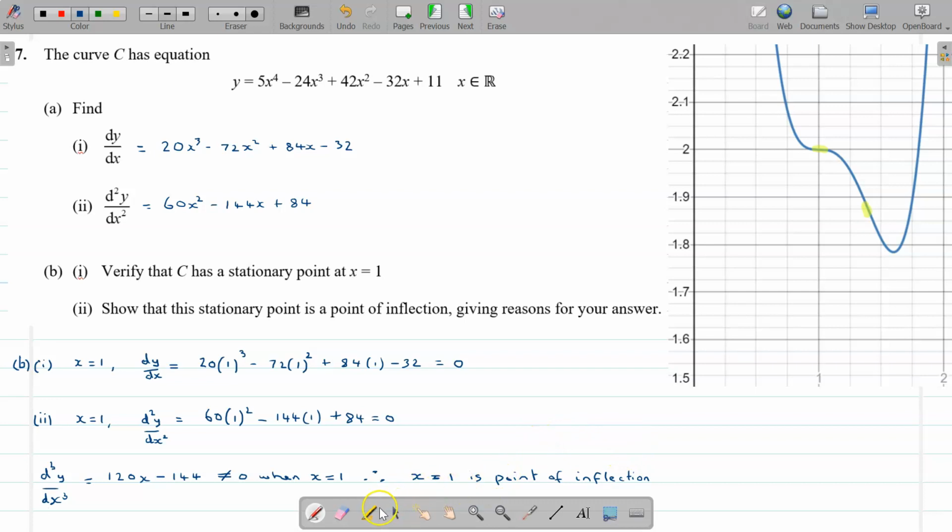But this is fine, and that has worked. And I also should add somewhere up here, when I had to verify that it was a stationary point, I just need to confirm that because the gradient's 0, therefore stationary point.